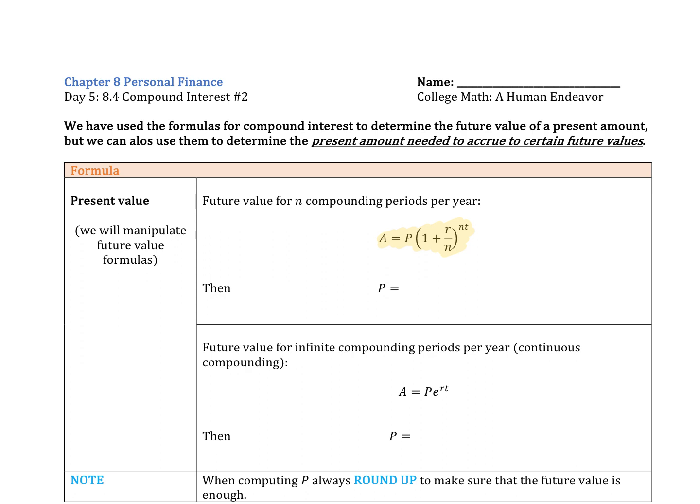So hopefully you recognize all we have to do is just divide by this whole quantity. So P is going to equal that A, our future value, divided by 1 plus our rate, divided by the number of compounding periods, n, all raised to the n times t.